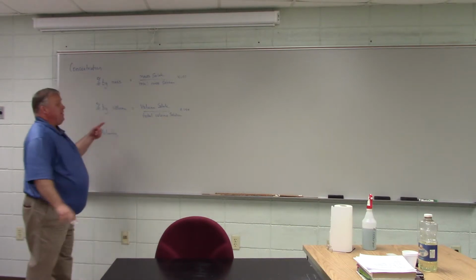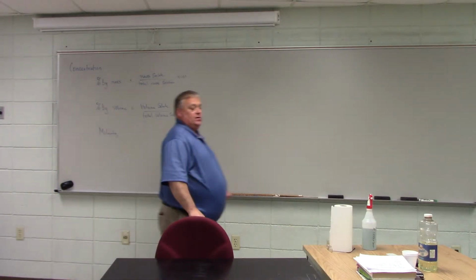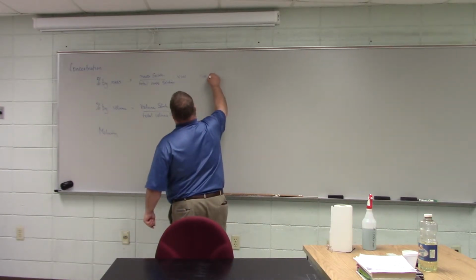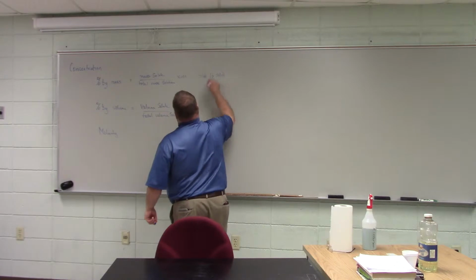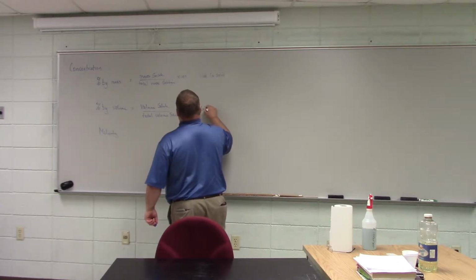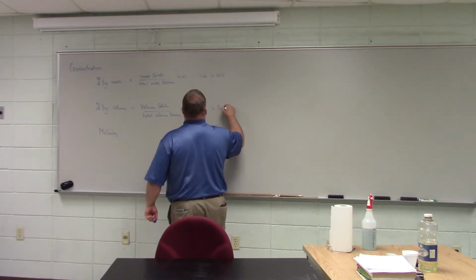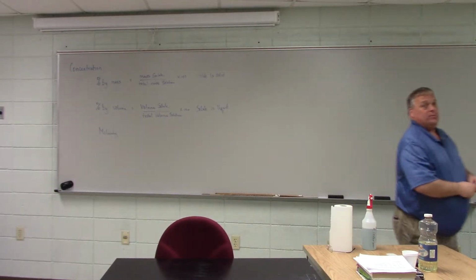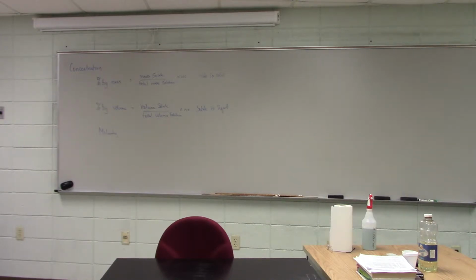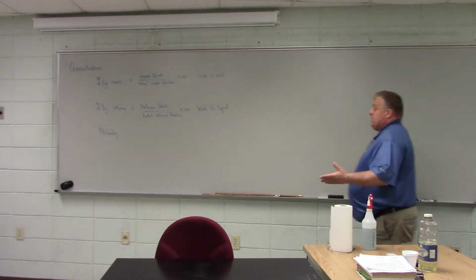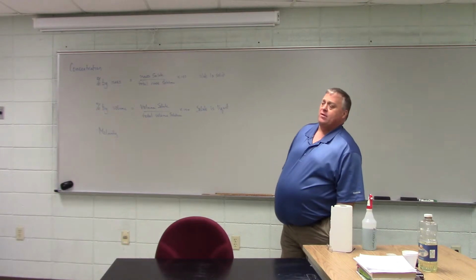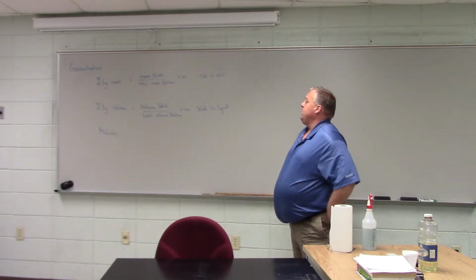Now, typically when we're looking at these two, our solute in the percent by mass is a solid, and our solute in the percent by volume is a liquid, so that we can have a differentiation between the two. Typical percent by mass solutions are things like when we dissolve solid sodium chloride into some water to make a percent by mass sodium chloride solution.